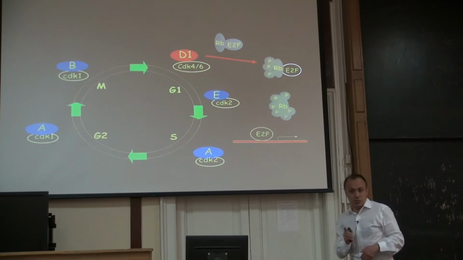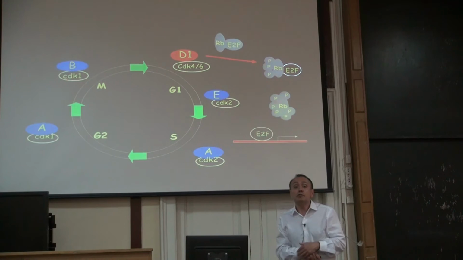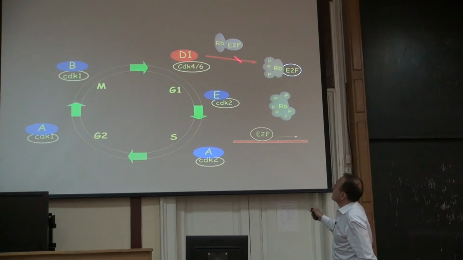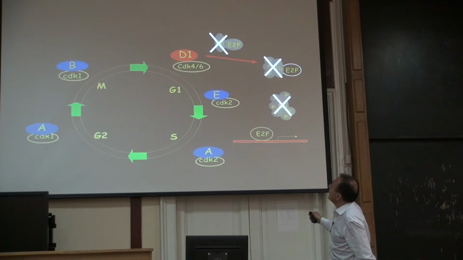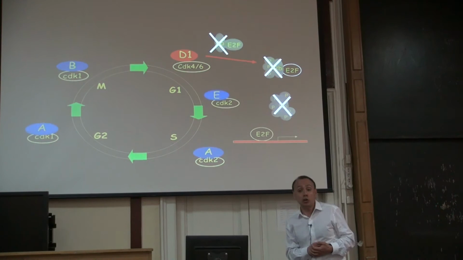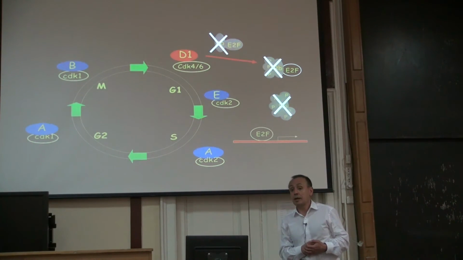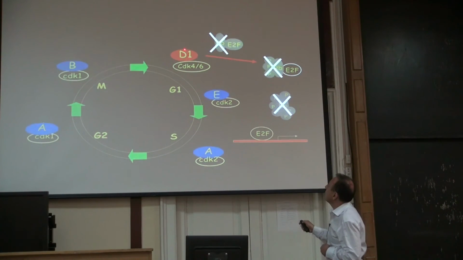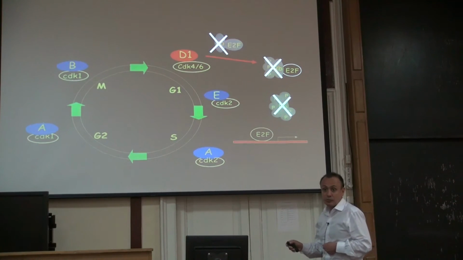Because in cancer cells, if you knock down cyclin D1, the cancer cell proliferation stops because the retinoblastoma protein is not phosphorylated. If you had cancer cells that lost the retinoblastoma protein, a tumor suppressor gene that is often lost in cancer cells, then knockdown of cyclin D1 will have no effect on cell proliferation.